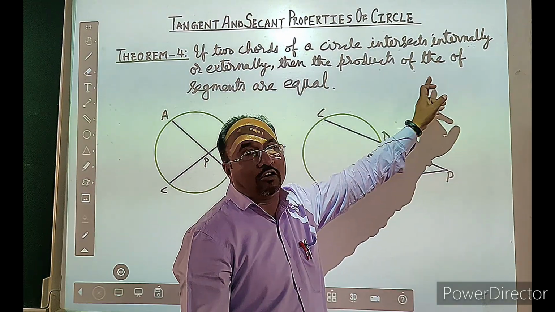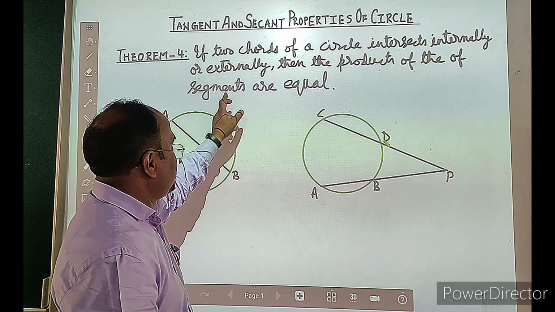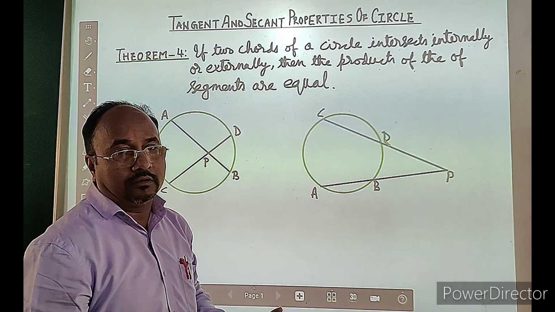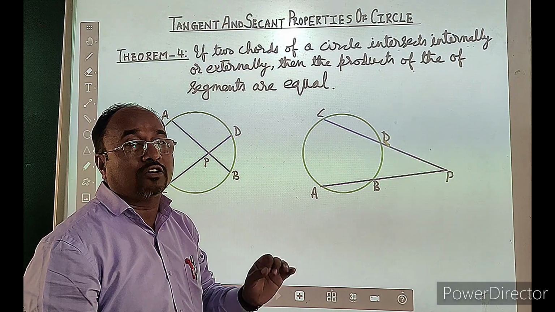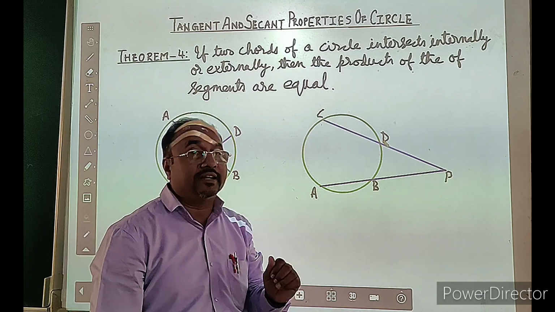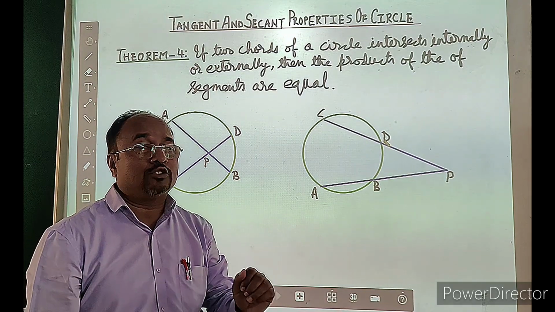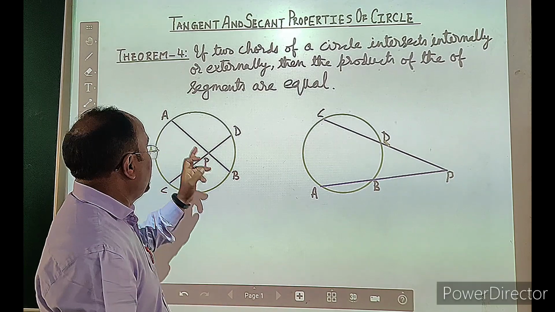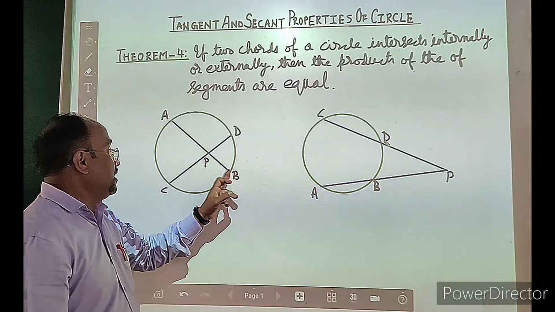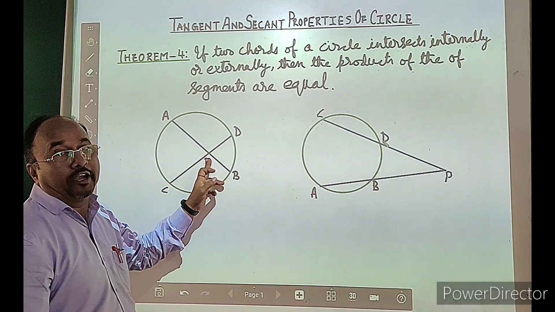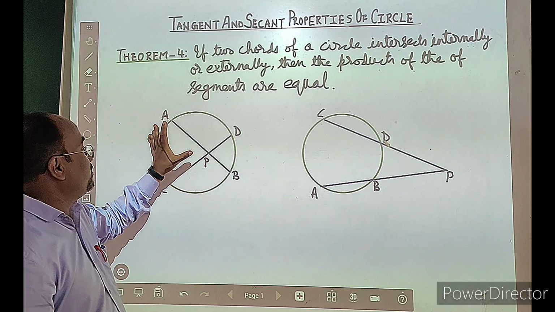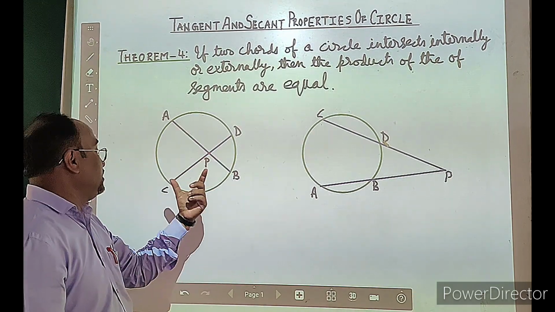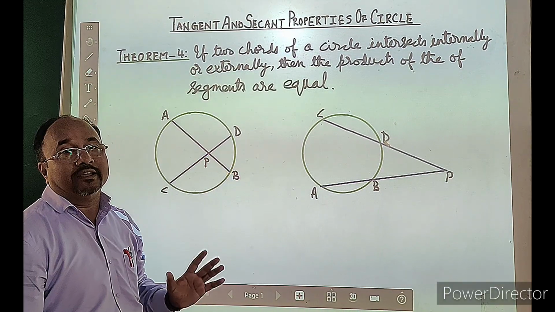Then the product of the segments are equal. Here it is not the segments of a circle but line segments. So if this is a chord AB and CD intersecting at point P, we get two line segments AP and PB, and CP and PD.